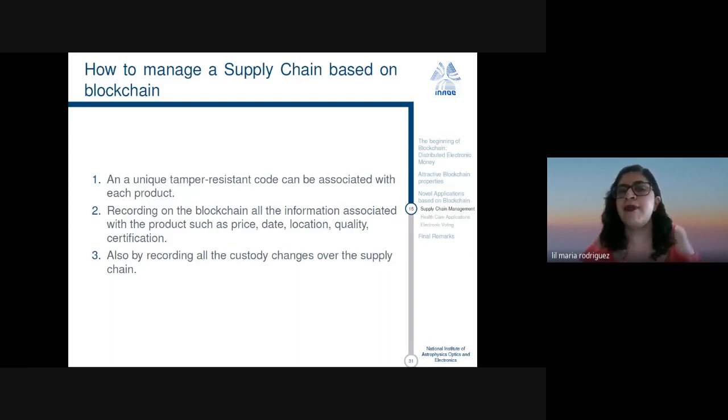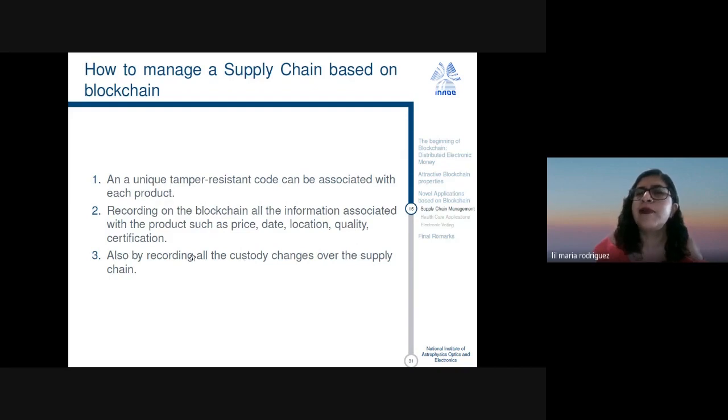And in the blockchain, I can record some interesting data about the product, such as price, date, location, quality, certification, etc. Also, by recording all the changes over the supply chain.